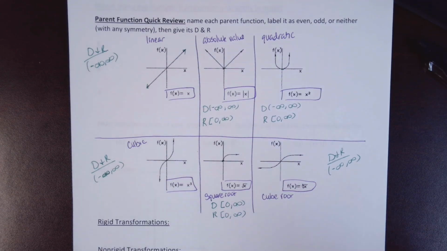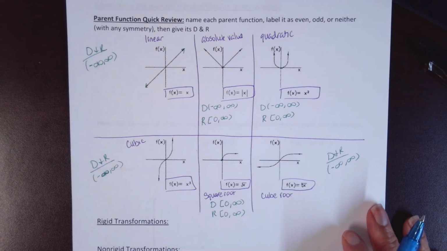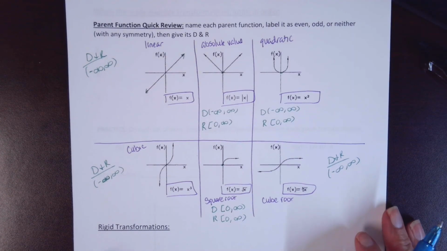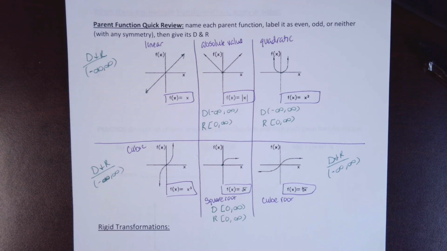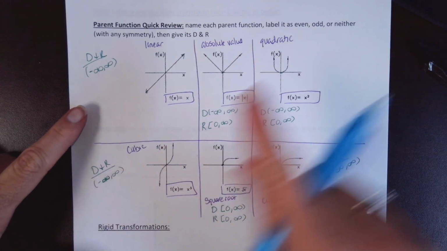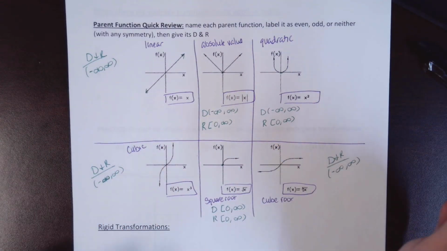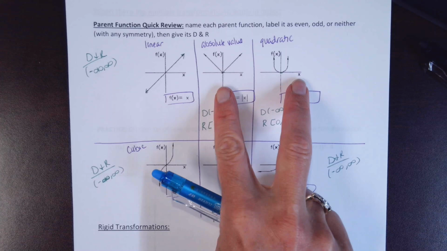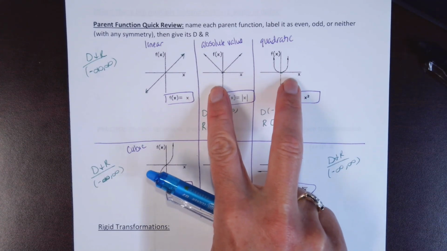Okay, now the last thing we're going to put together for these functions is to talk about it as even, odd, or neither. And we did that when we filled out our parent function page back in 2.1, I think, 2.2. Even functions are symmetric about the y-axis. Right here, we've got 2 even functions.